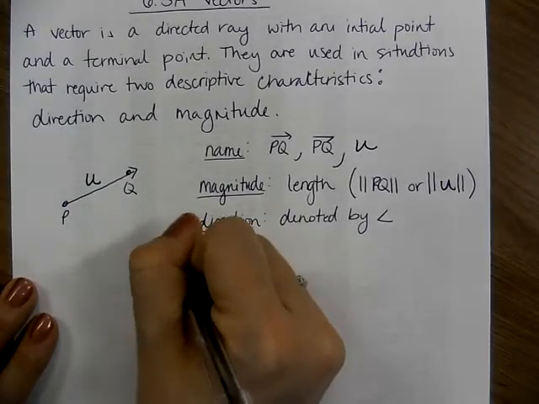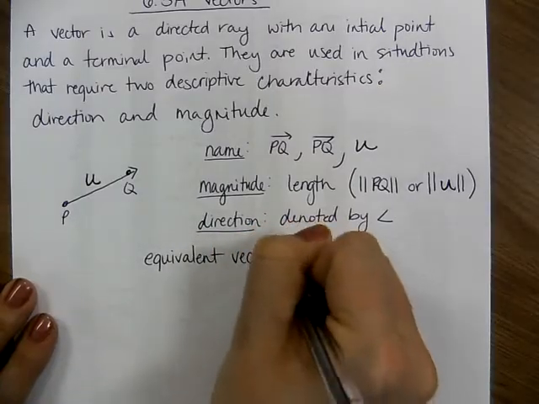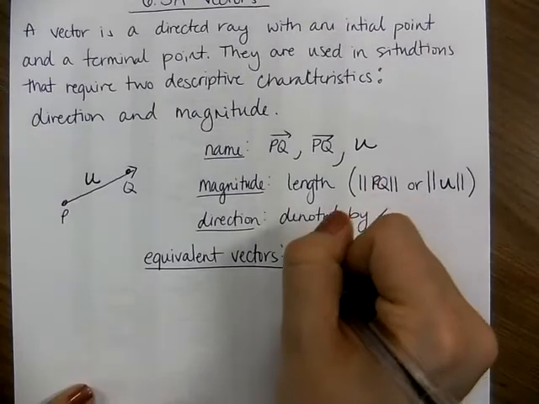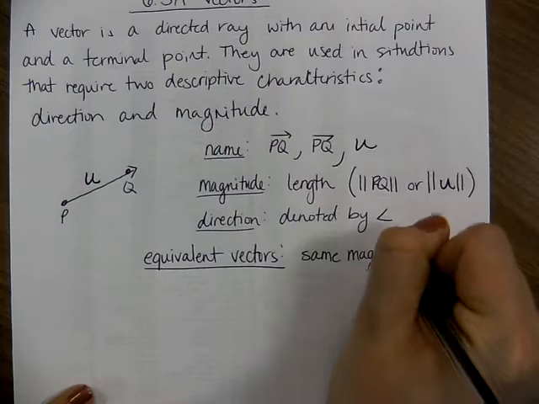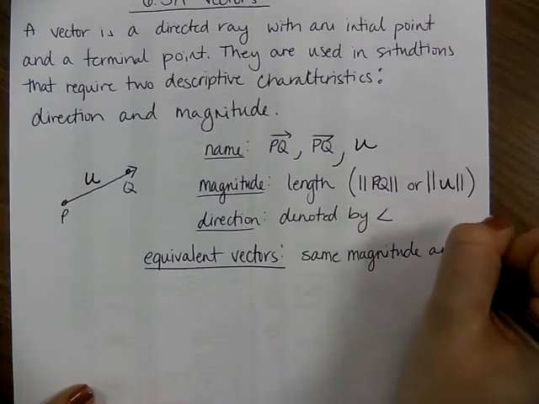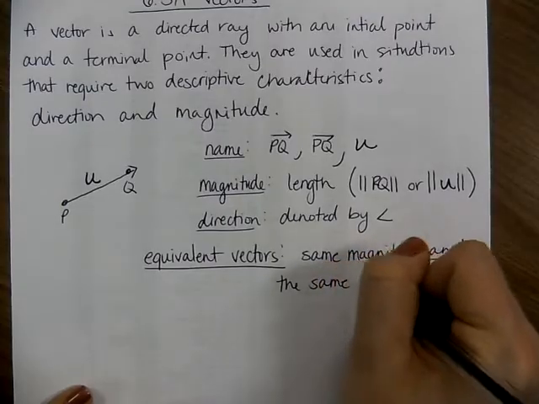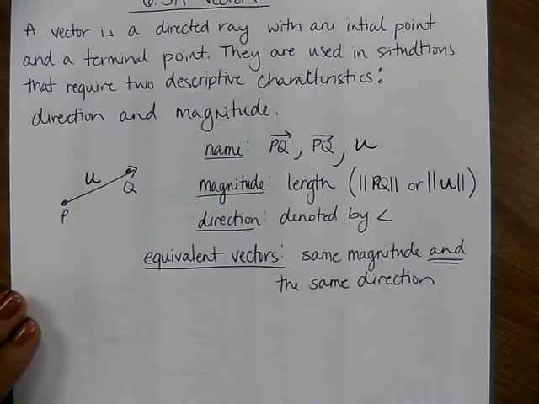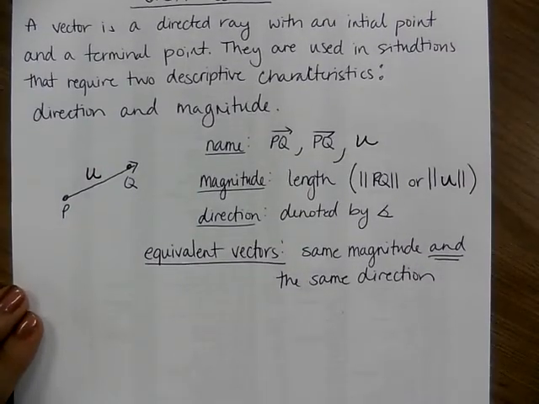Equivalent vectors. In order for vectors to be equivalent, two things have to be true. They have to have the same magnitude and the same direction. The direction is like an angle measure.